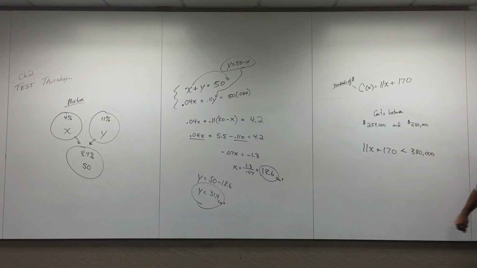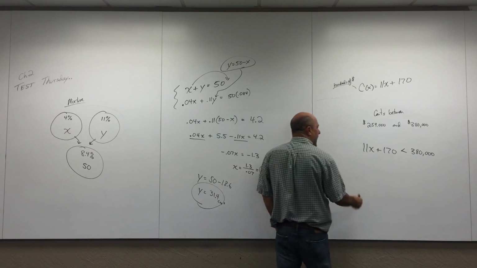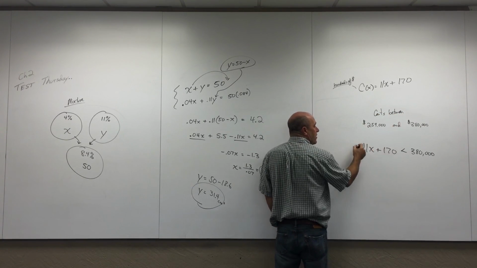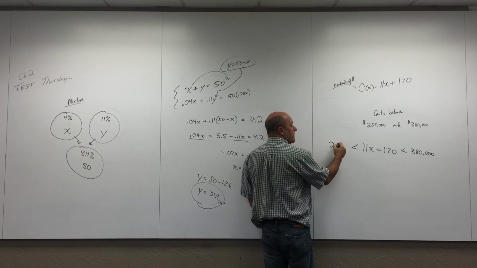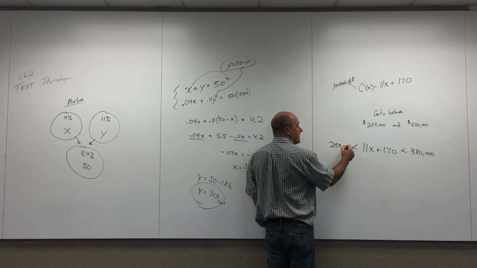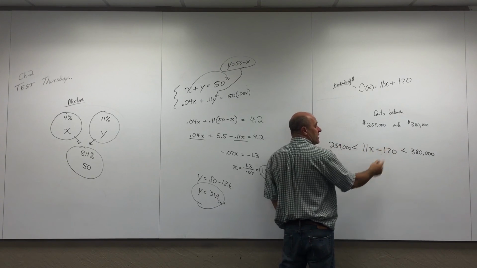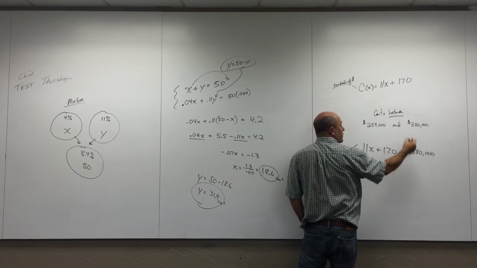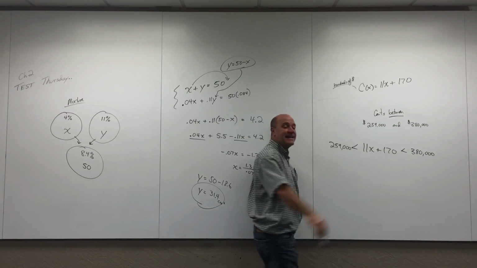I don't think they care too much about that, to tell you the truth. I want it to be less than that number and greater than this number. So I set up one of these double inequalities, compound inequalities. If it wants to be between, then it's between.